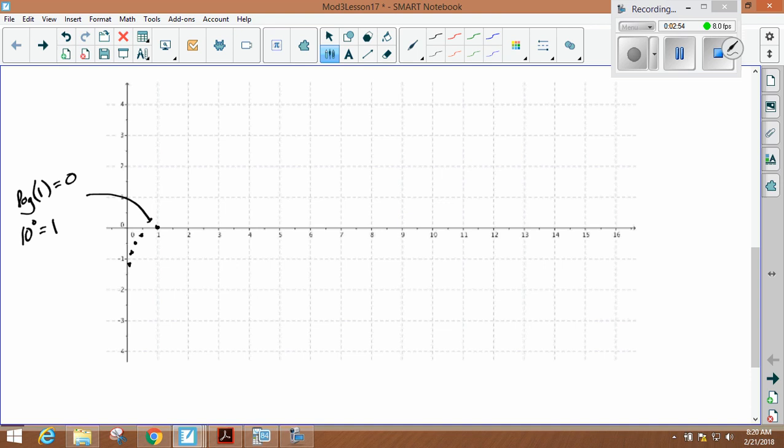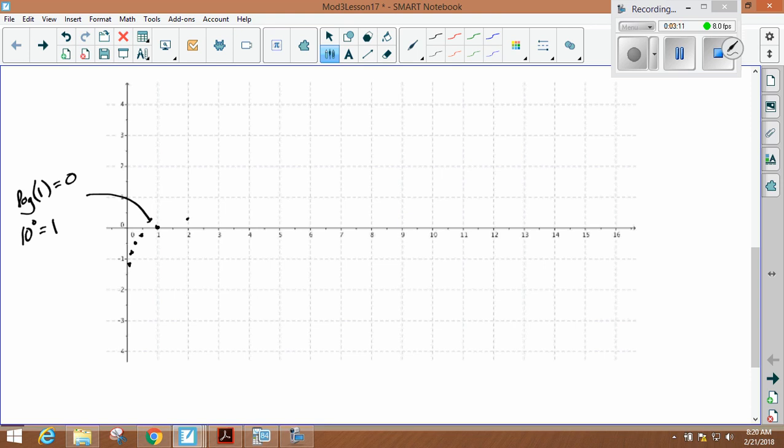That's what that point means right there. It's a special point. Every single logarithmic function goes through that. Always and forever.